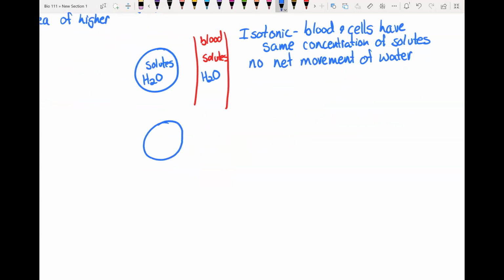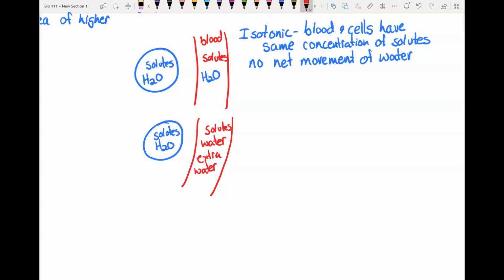Let's look at another scenario. You have your cell, it has solutes, and it has water. You have your blood. Your blood has solutes and water. Let's say, though, that you put extra water in your blood.